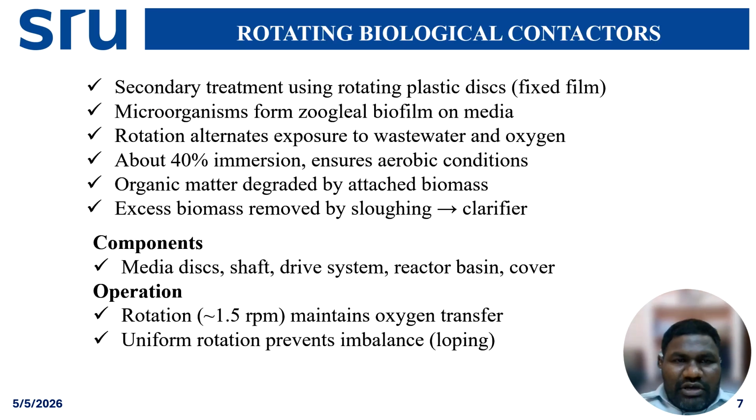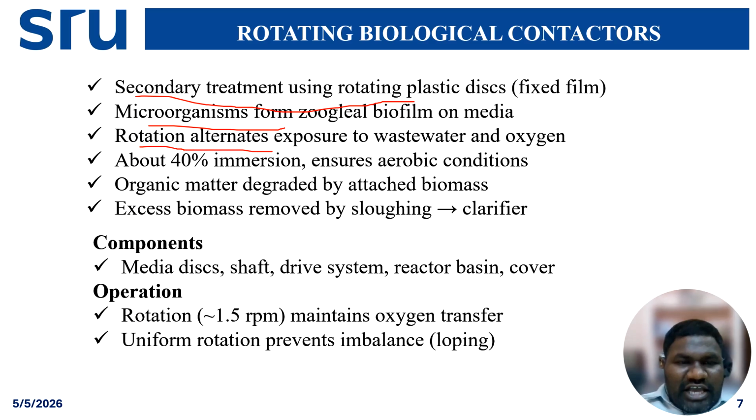So the next secondary unit will be rotating biological contactors. Secondary treatment using RBC uses rotating plastic discs. That is the fixed film. The microorganisms form a biofilm on the media.